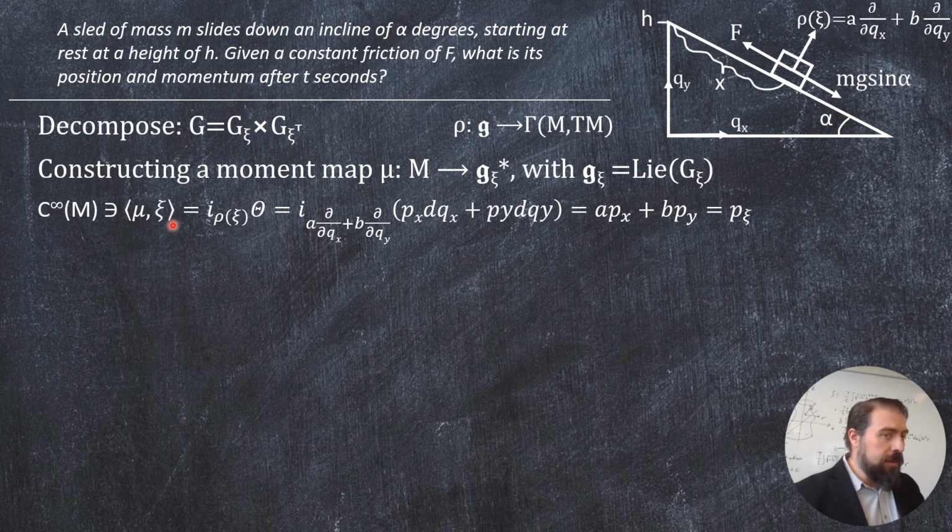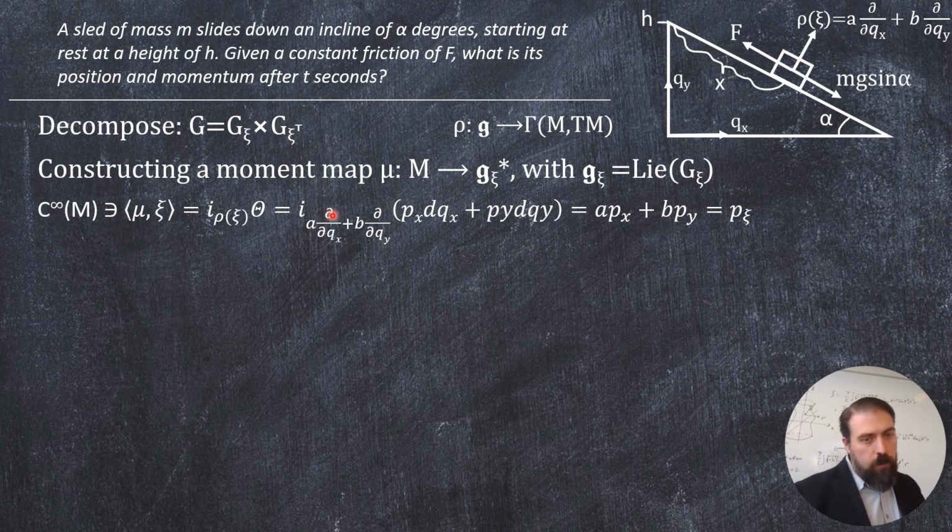It's a way of constructing conserved quantities. I take the interior product with respect to this vector field here, with the symplectic potential here. And this was the vector field, and this was the symplectic potential. And this is basically just a scalar product at this point. So this will pair with this, and this will pair with this.